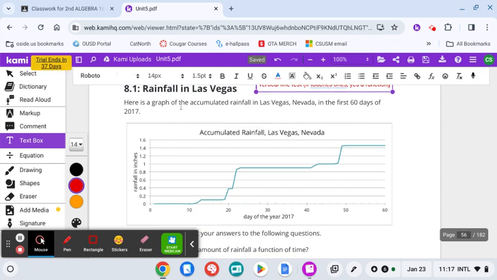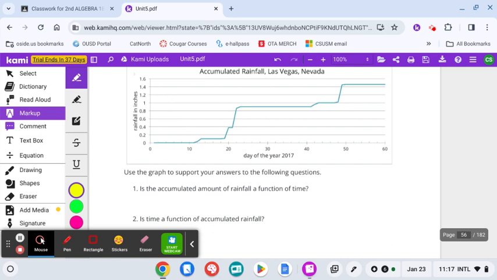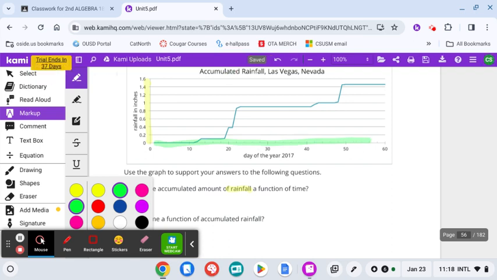And then when we go into this warm-up discussing the rainfall in Las Vegas, we were thinking about this fact: is the accumulated amount of rainfall a function of time? Looking at where these axes fall, does the rainfall that's measured depend on time?